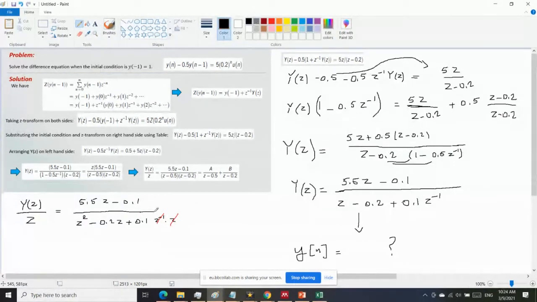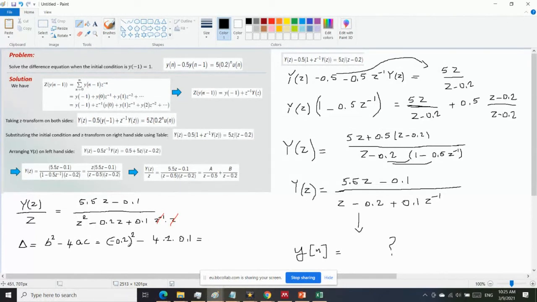Okay. Now we check what this denominator is. We need to compute delta, which is b squared minus 4ac. Here b is minus 0.2, squared, minus 4. a is 1 and c is 0.1.